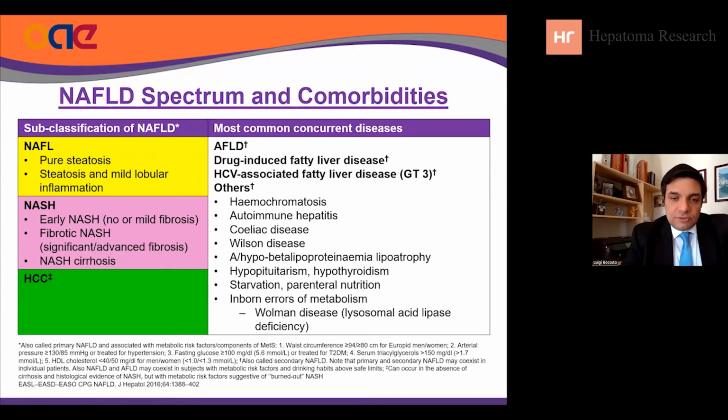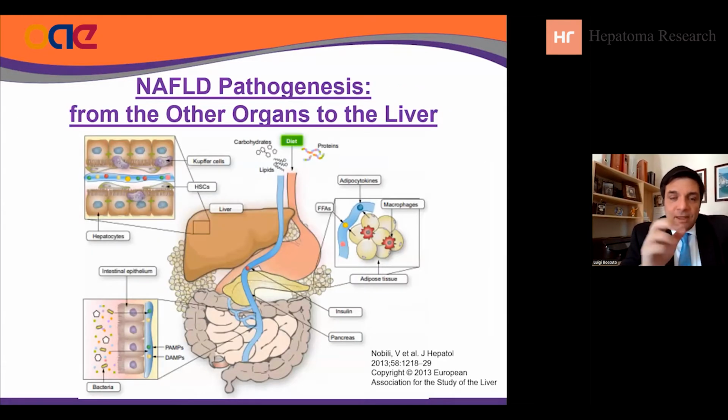So if we want to have a really encompassing approach to the characterization of the causative mechanisms underlying this condition, we must take into consideration the complex nature of this disorder.